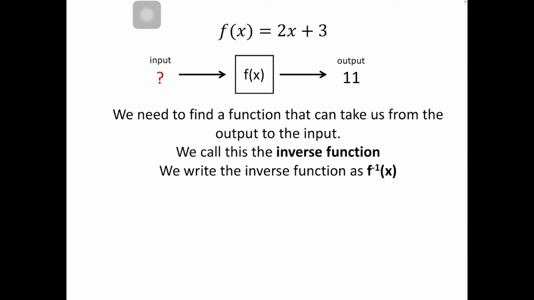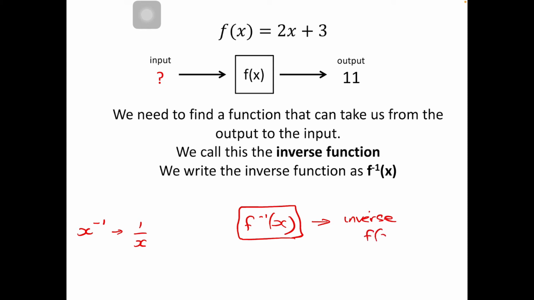Now, what I do not want you to get confused with, we have seen before that if we have something like x to the minus 1, it means 1 over x. In this case, f to the minus 1 of x, because suddenly we are talking about functions, all this means is it is the inverse of f of x.